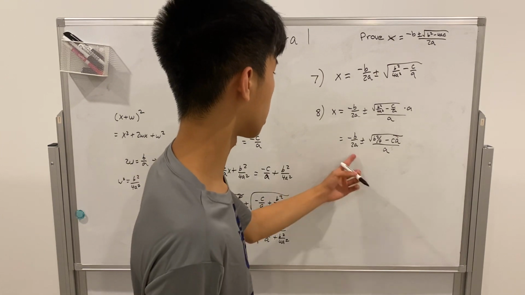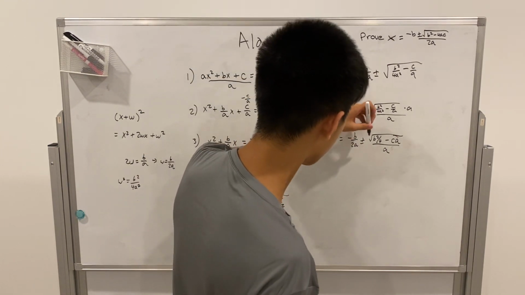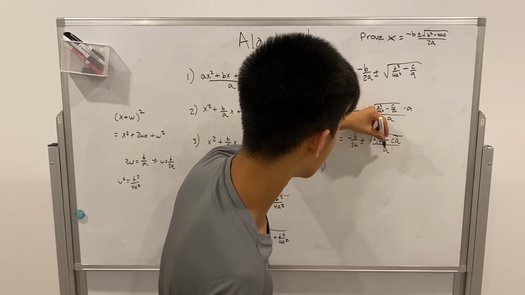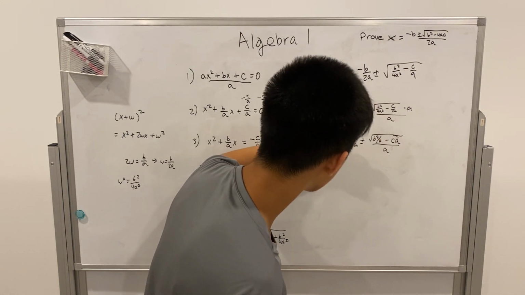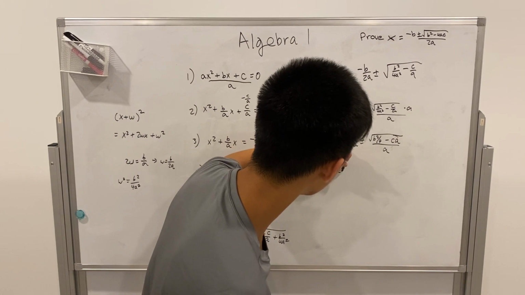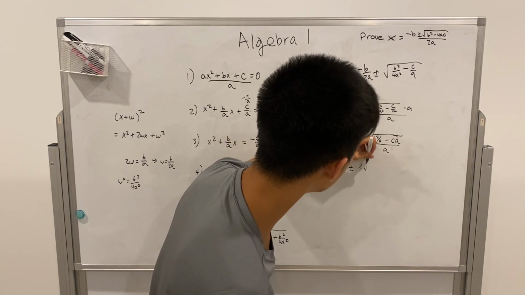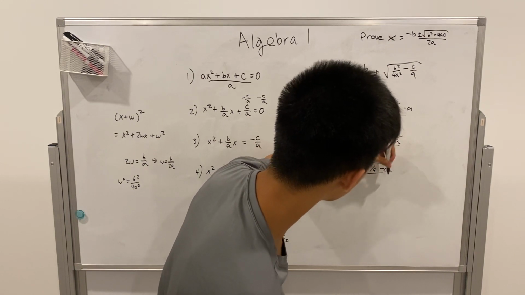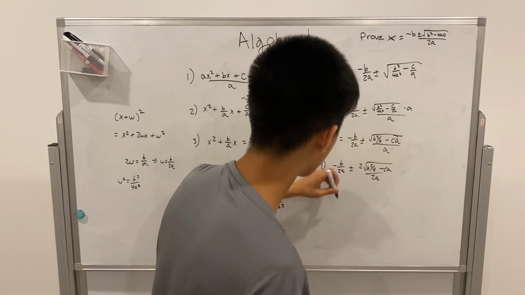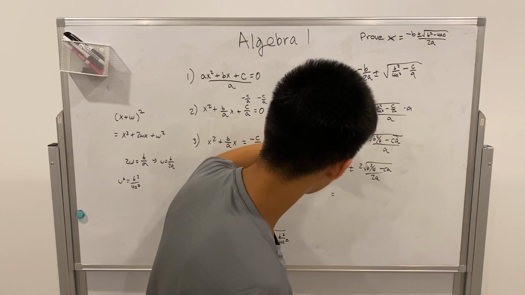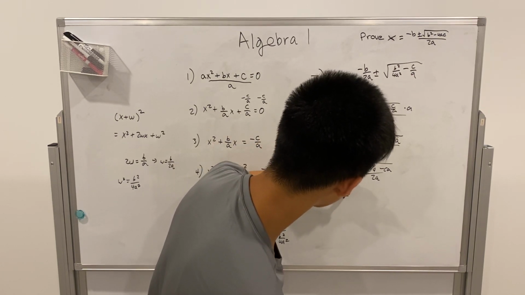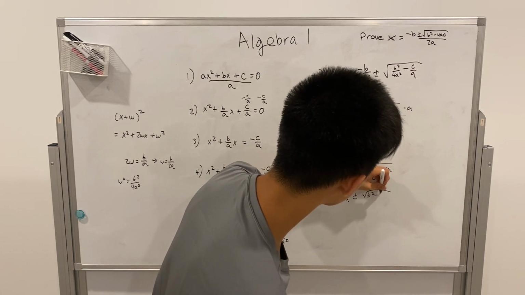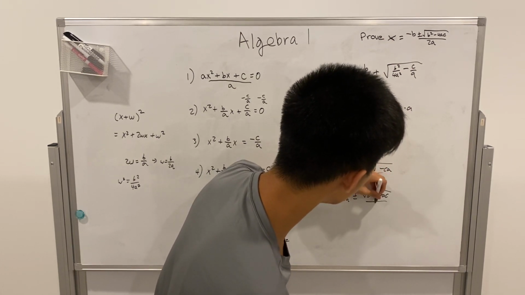Now, if we want a common denominator, we have to multiply both the numerator of the right term and the denominator of the right term by 2. So now we'll have negative b over 2a plus or minus 2 times the square root of b squared over 4 minus ca, over 2a, or negative b over 2a plus or minus the square root of b squared minus 4ac over 2a.